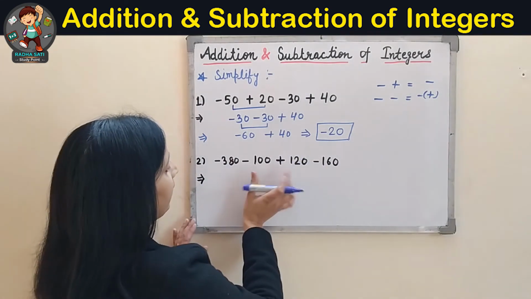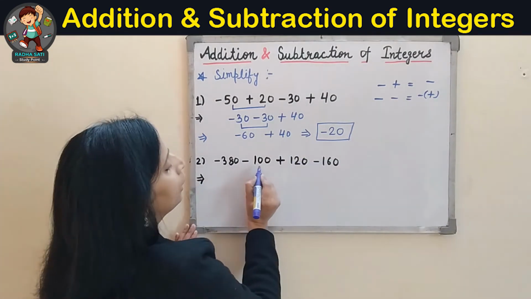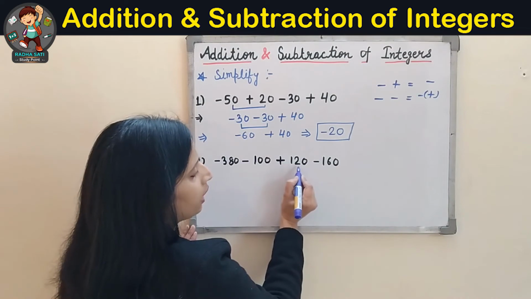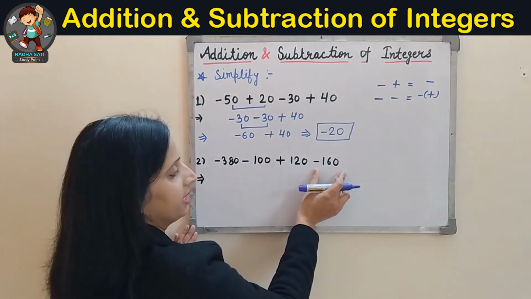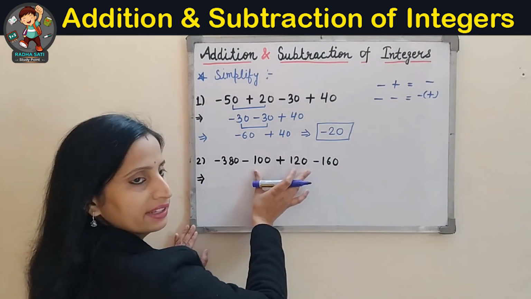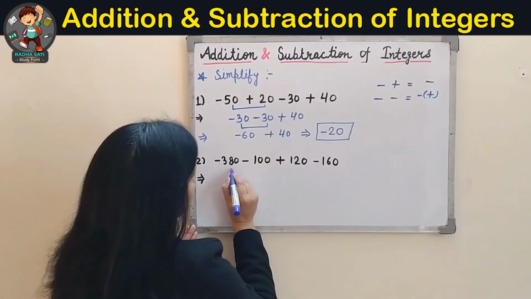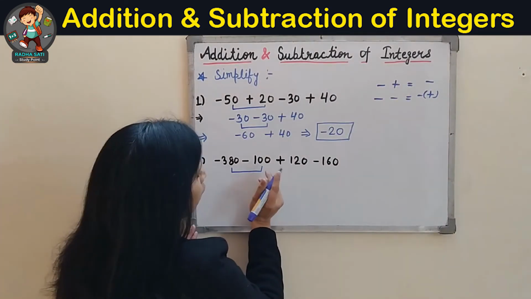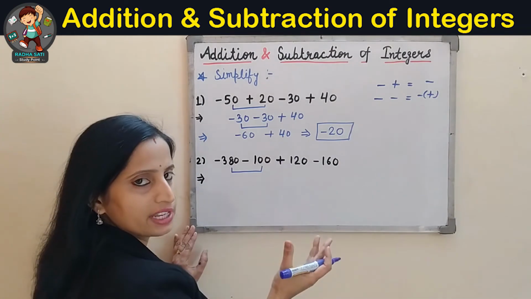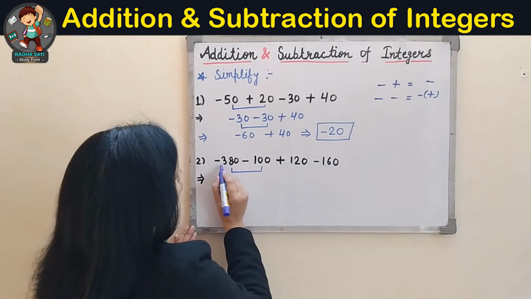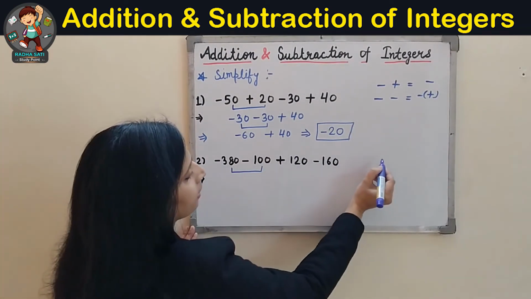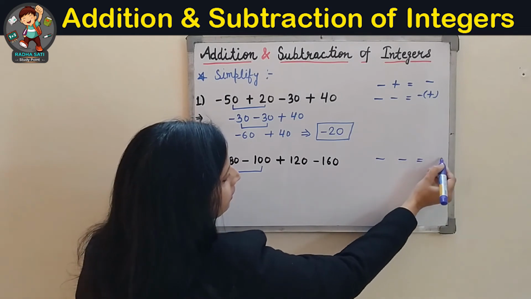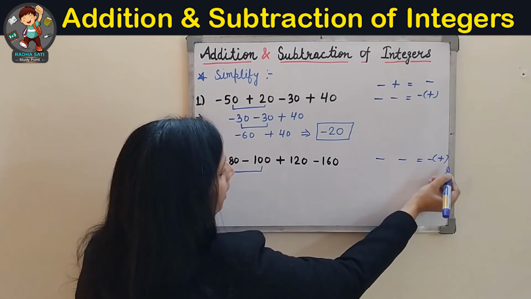Now the second question is minus 380, minus 100, plus 120 and minus 160. And we have to simplify this. So first we can solve these two. We will solve these questions by various ways. Okay. So minus minus plus and the sign will be of minus.